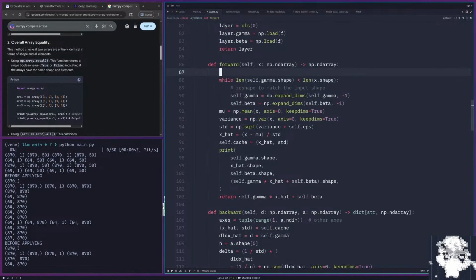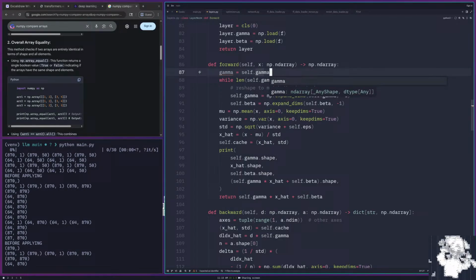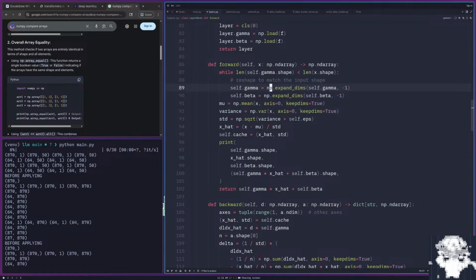This is basically like I need to do gamma equals self dot. No, I don't want to make a copy because that's going to cost a lot. I just want to forget the extra ones when I'm doing inference.